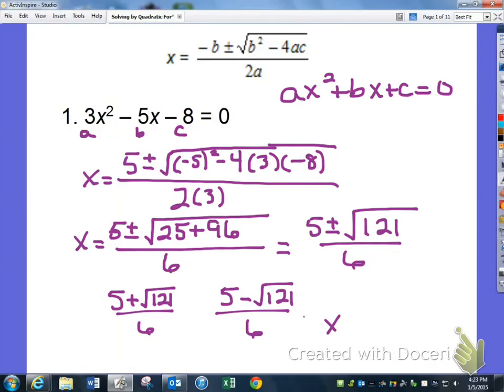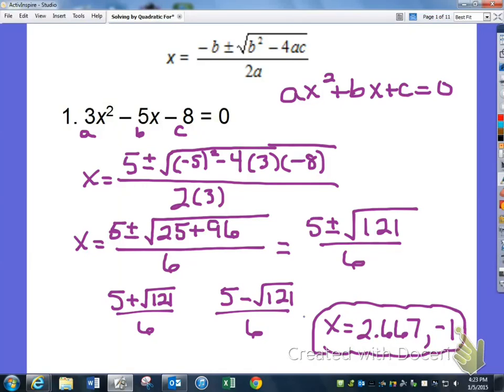So one of my answers is 2.66, I'll just leave it at 7, 2.667. And the other answer, I'm going to do 5 minus the square root of 121 in my calculator, then hit enter, then divide by 6, and I get -1. So my two answers are 2.666 repeating and -1.